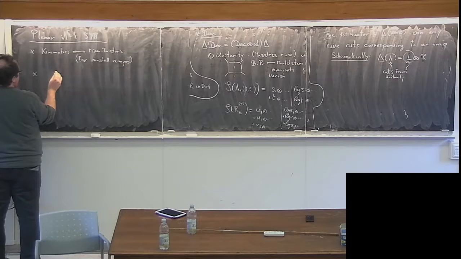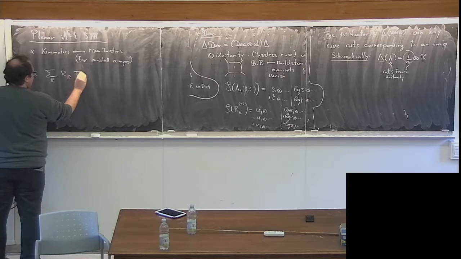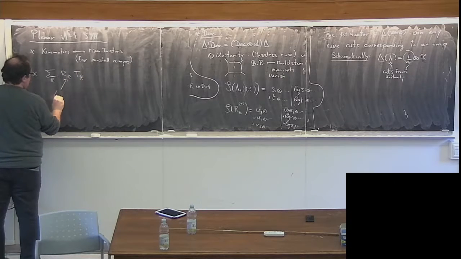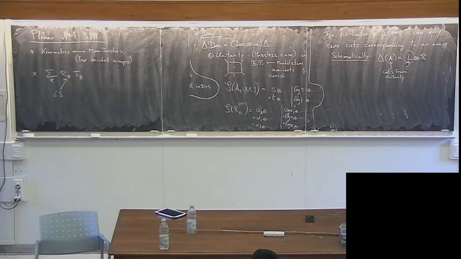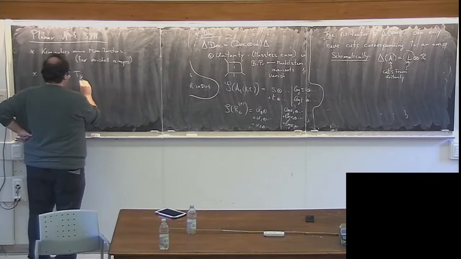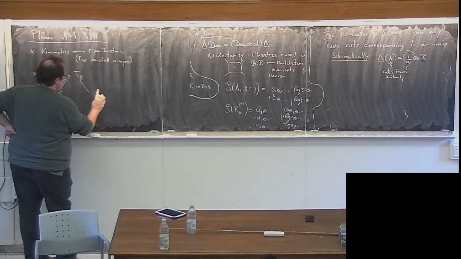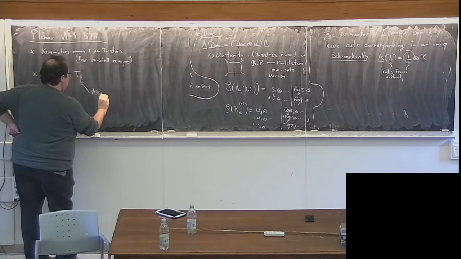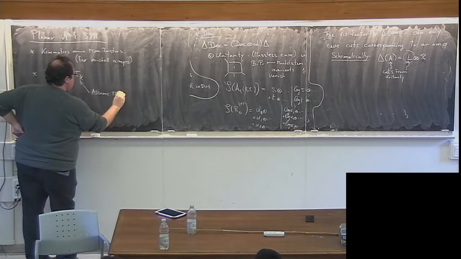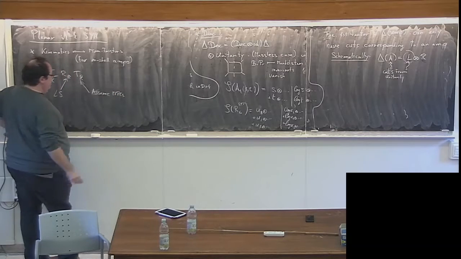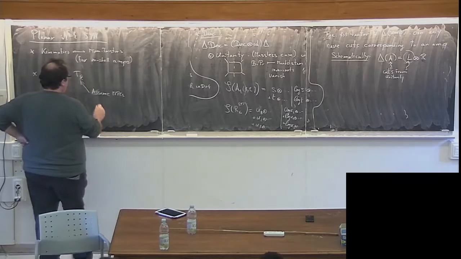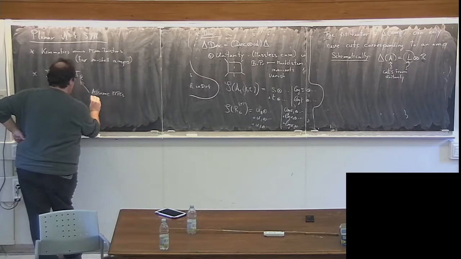Then we had this. We said that these things should correspond to leading singularities. And these things, well, are transcendental functions. Could be anything, but let's restrict ourselves to multiple polylogs. And then we can make some claims about the weight.